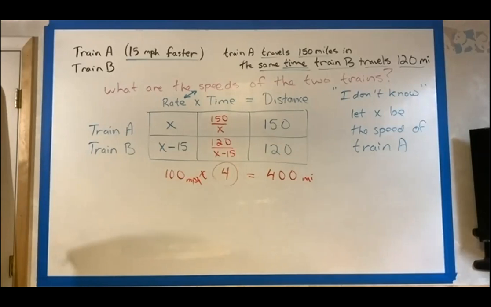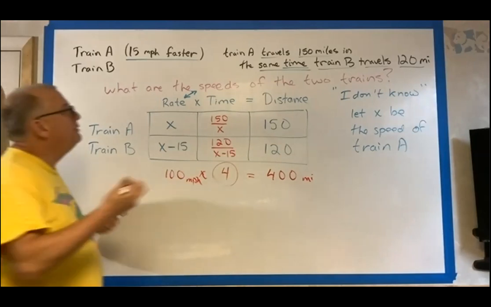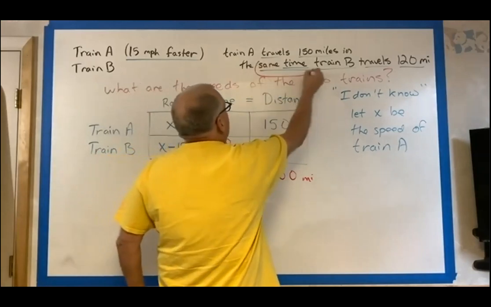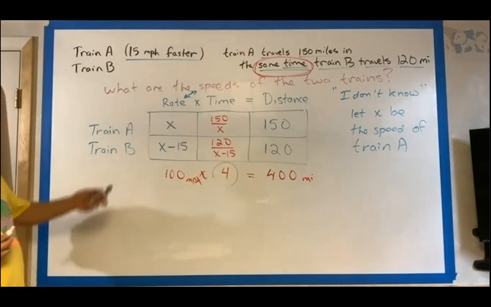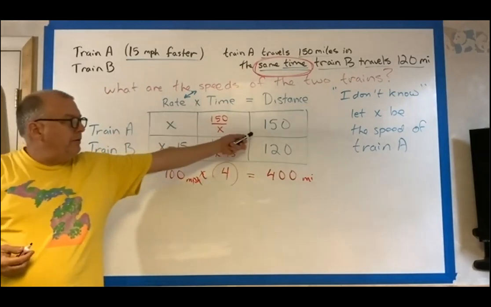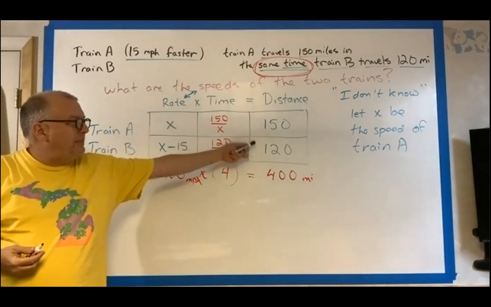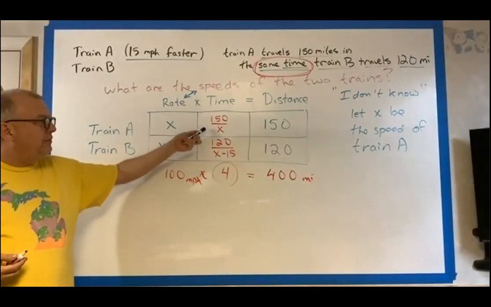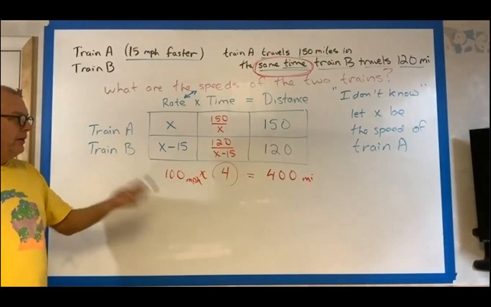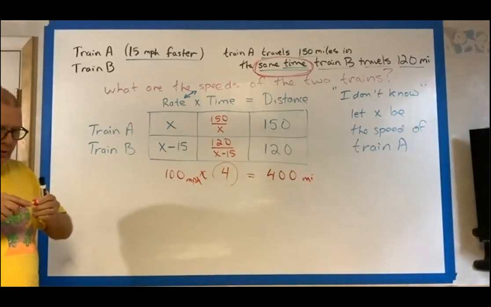And now I have an equation. Same time. How does train A do 150 miles in the same time that train B does 120? I can set these two times equal to each other. And guess what? I've got a rational equation.